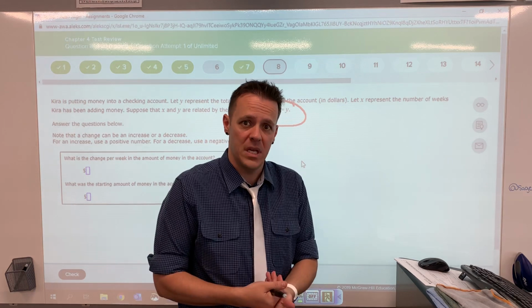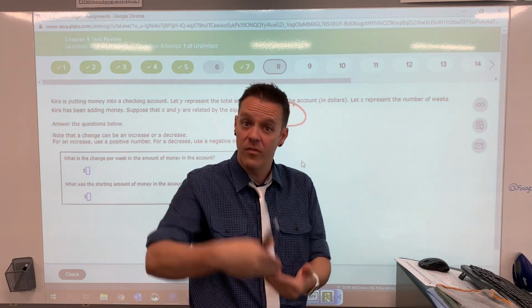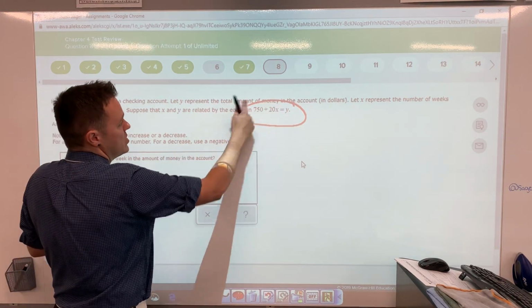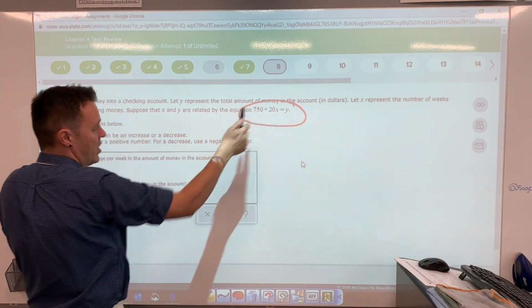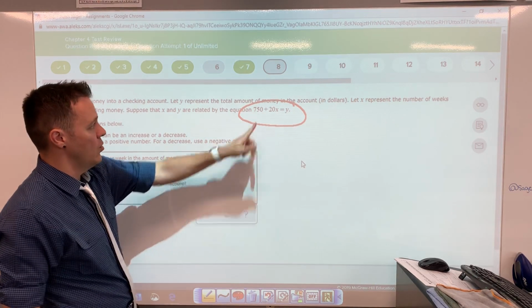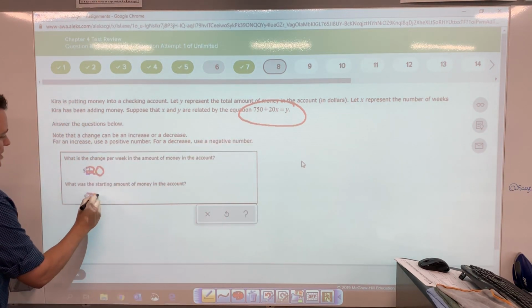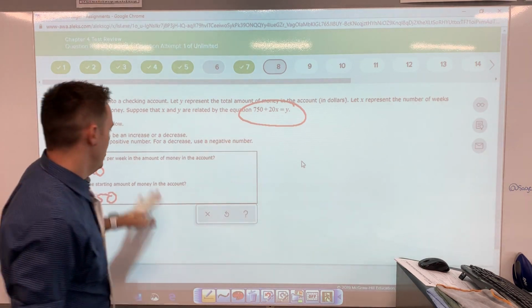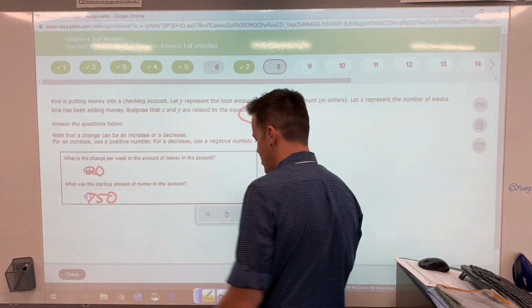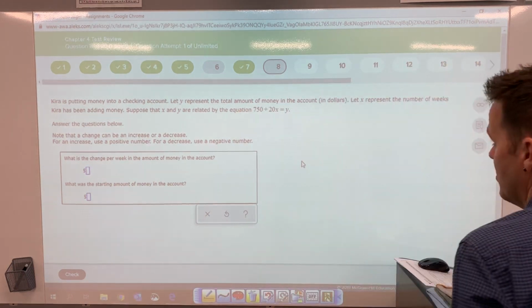Well, what does slope mean? Slope means rate of change. So if my change per week is going to be the slope, which in this problem is the number in front of the x, which is 20. And then what was the starting amount? Well, it's got the other number, which is 750. Okay, so rate of change is your slope, which is 20. 750 is my starting amount. That's the answers. We're moving on.